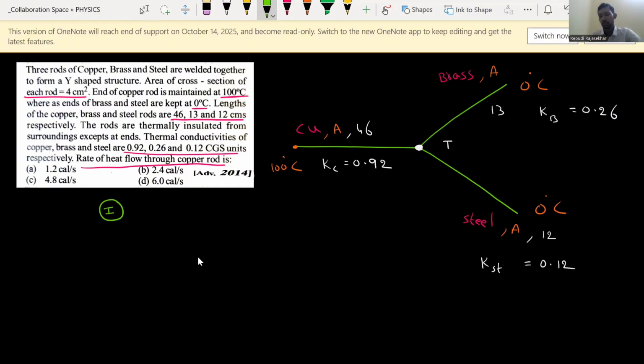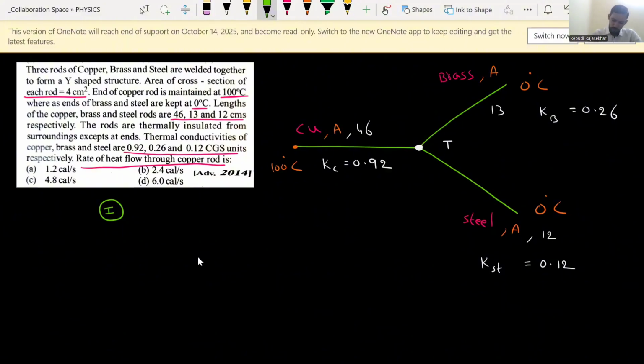How to find the junction temperature? I told you, whenever it's a case of finding junction temperature, you take it in a single line. Don't go for any other method, you may get confusion. Take a single line. How to solve this one? So the formula is KA delta T by L. So here also, just find out the junction temperature by adding all.